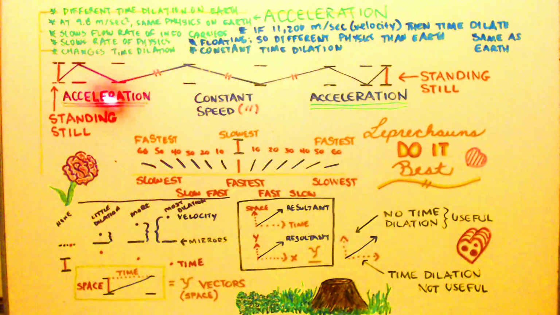But the physics, okay, as long as you're going at 9.8 meters per second squared, you'll have the same physics as on Earth. Just like here, if you're at 11,200 meters per second velocity, you'll have the same time dilation. But other than that, you can never have the same physics unless you're going at this acceleration. Same here, you can never have the same time dilation unless you're going at this exact velocity.